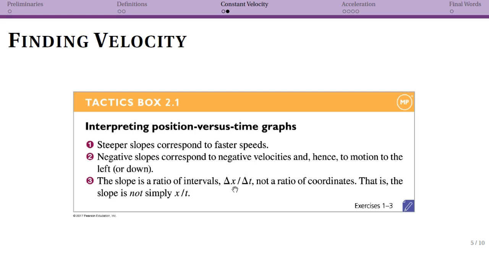So the change in position and the change in time, not just the coordinates. So again, look at what your initial and your final positions are, your initial and final time, not only the final ones. If you just plug in your final position and your final time and you didn't start from the origin, you're going to get the wrong value. So that's very important.